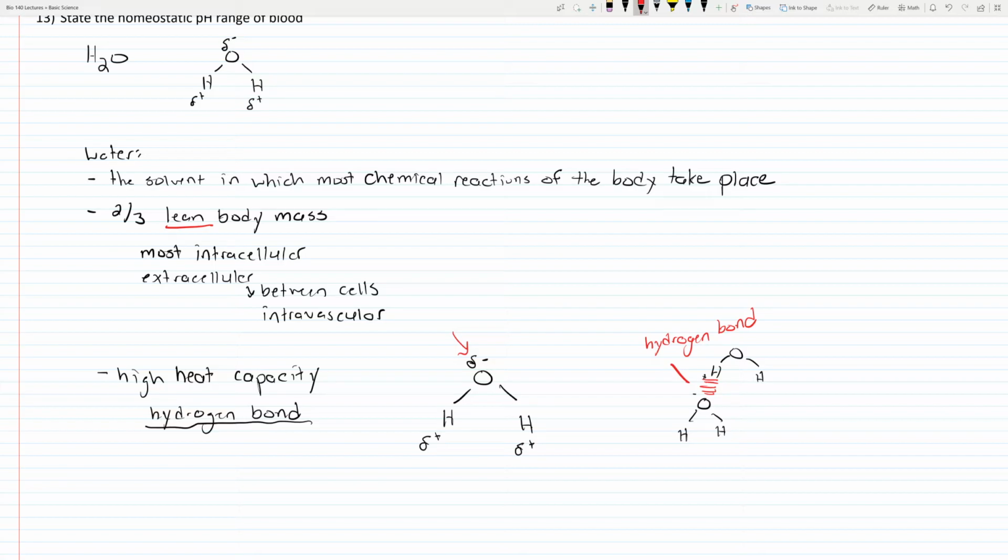A prime example of hydrogen bonding in water is this thing called surface tension. If you've ever been on a river, or seen water, and seen bugs crawl along the surface of the water, the reason they're able to walk on the surface is because of the surface tension of the water, and that is predominantly due to hydrogen bonds.